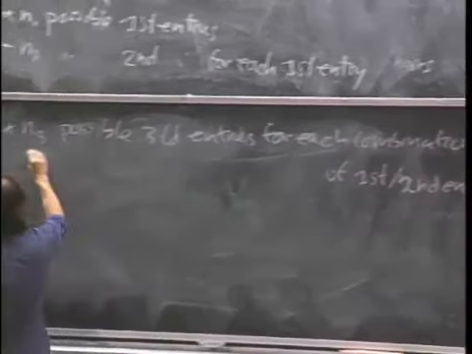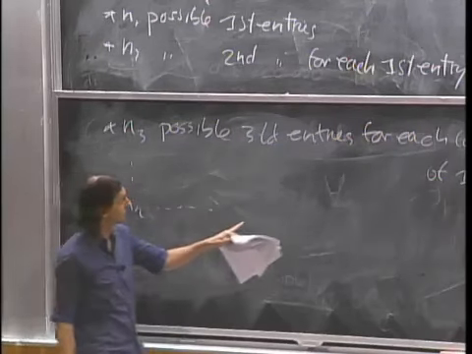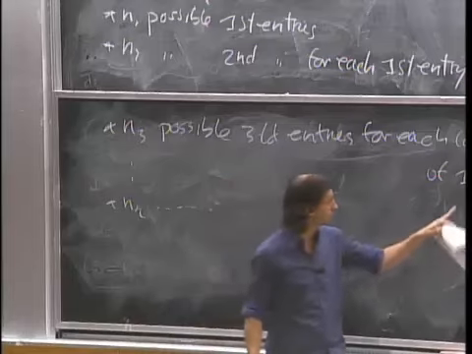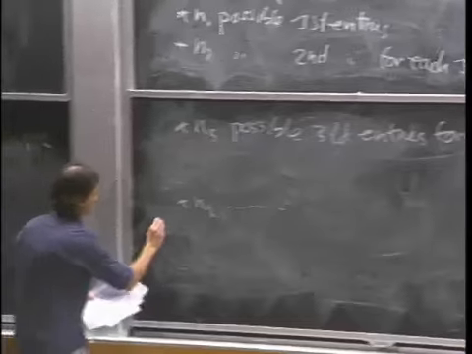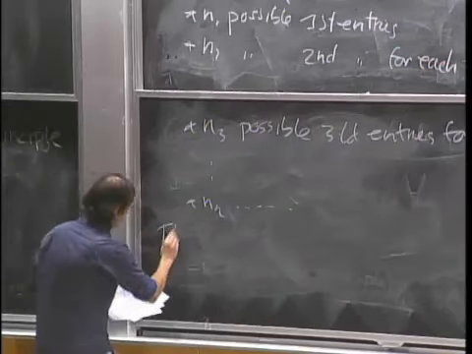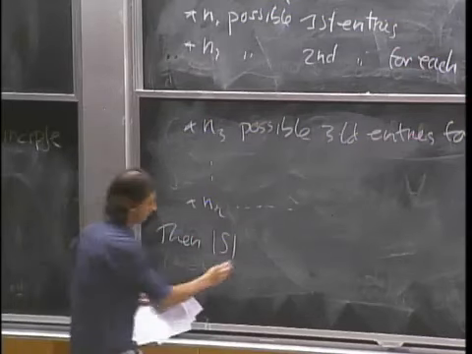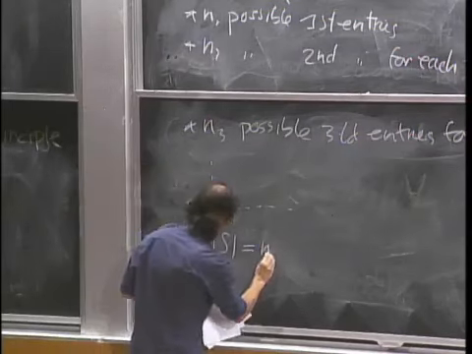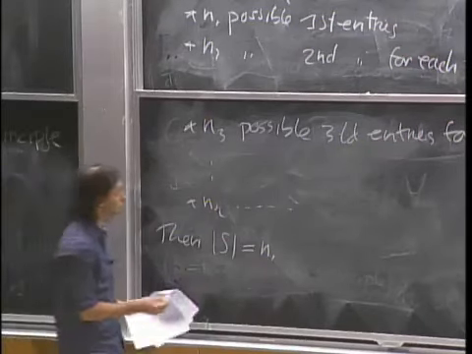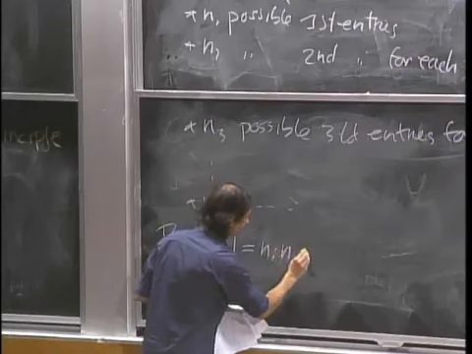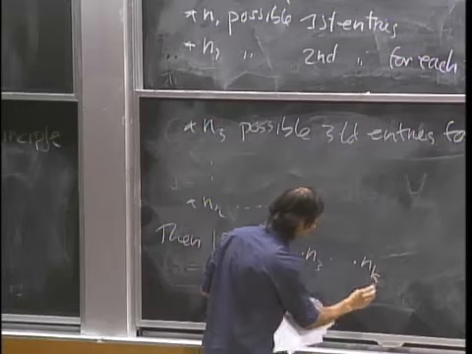And if I continue this all the way to nk, so nk possible kth entries for each combination of all the previous entries. So then I know that the set S can be counted as, well, I have n1 possible choices for the first entry. Once I've chosen and fixed that one, I have n2 possible choices for the second, then n3 possible choices for the third, and I go all the way to nk.